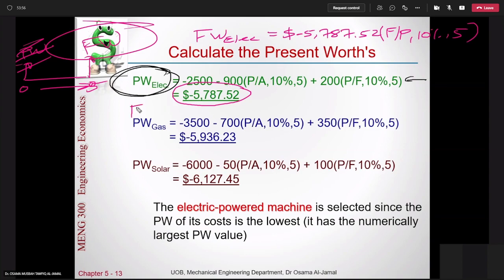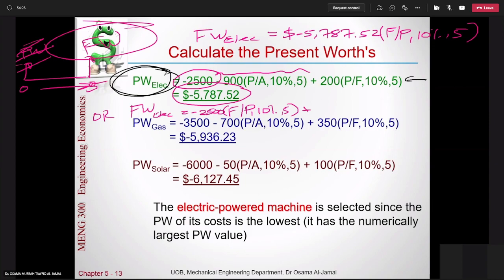Or from the beginning, the future worth of the electric will equal that 2,500 it cost at time 0. We need now to send it to time 5. Negative 2,500 F given P, or you do it in 1 step, 10%, 5 plus that one.